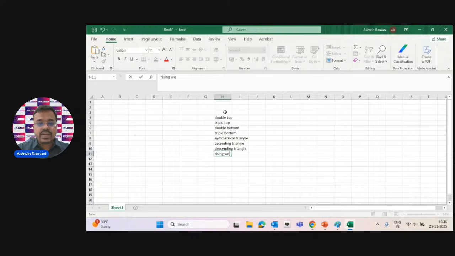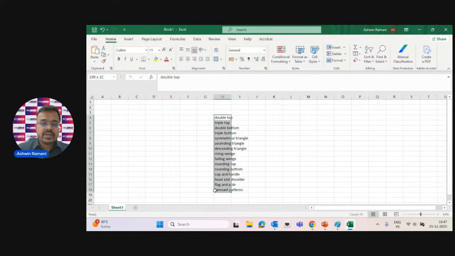Then today we saw rising wedge, then falling wedge, then rounding top, then rounding bottom, then cup and handle, then head and shoulder, then flag and pole, and then pennant patterns. Look how many patterns we have learned. Roughly around 15 patterns.